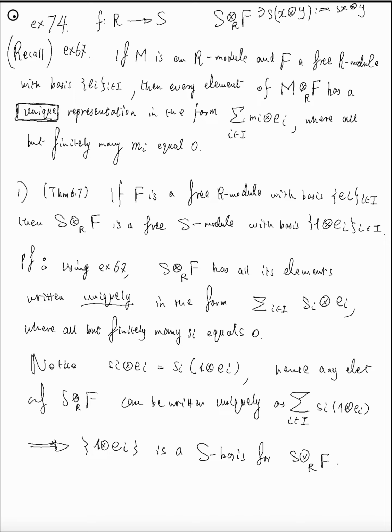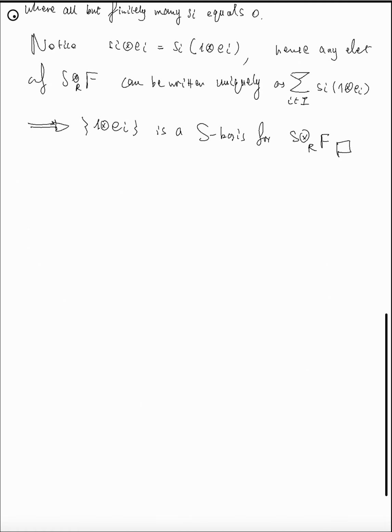Because this expression is unique. If you had a non-zero combination leading to 0, this would give you a non-unique expression. And so the unique expression is telling you that this has linear independence.